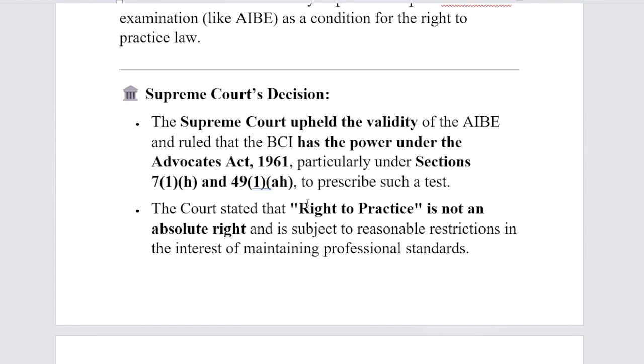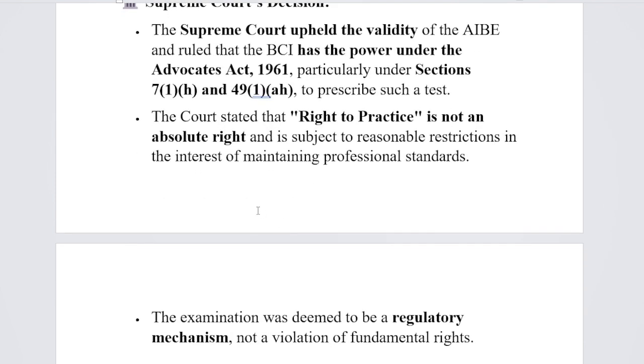Further, the court has stated that the right to practice is not an absolute right. That aspect we have discussed, and it is subject to reasonable restrictions in the interest of maintaining professional standards. This aspect you have to keep in your mind.